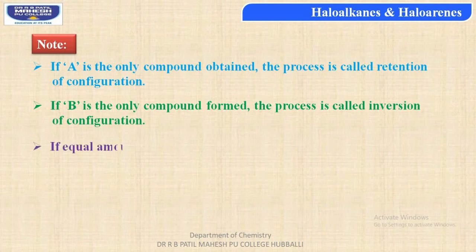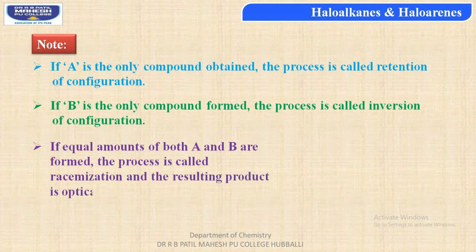And in the third case, if equal amounts of both A and B are formed, then the process is called racemization. We are obtaining a racemic mixture and the resulting product is optically inactive.